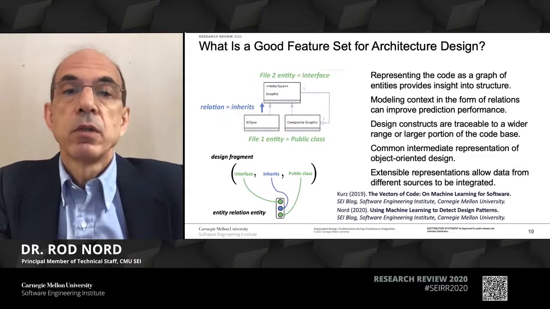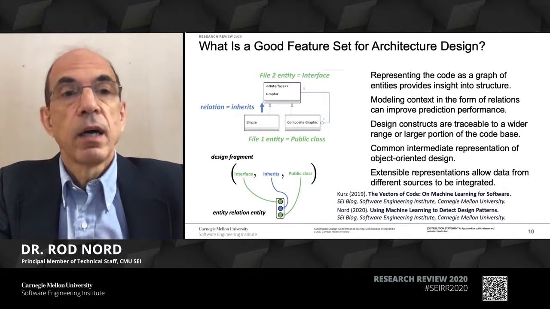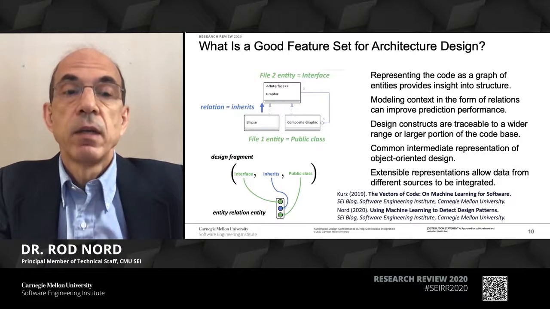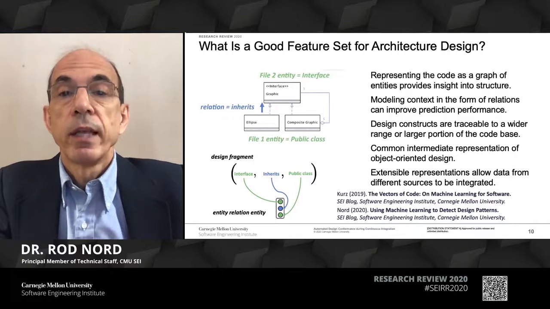So what constitutes a good feature set for architecture design? Representing the code as a more general graph of entities provides insight into structure and allows dependencies to be captured and searched efficiently without all the details of abstract syntax trees. Modeling context in the form of relations can improve prediction performance.